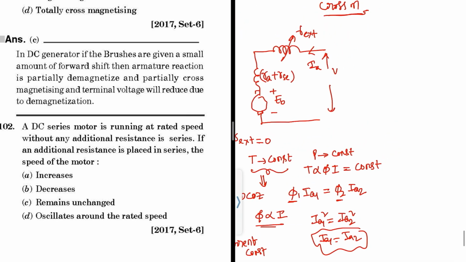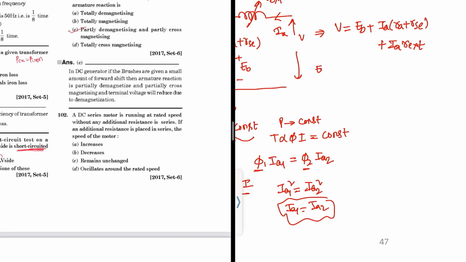If I apply KVL here, V equals EB plus IA into (RA plus RSC) plus IA into R external. So EB equals V minus IA into (RA plus RSC) minus IA into R external. Initially R external is 0 because there is no additional resistance, so let the back EMF be EB1.